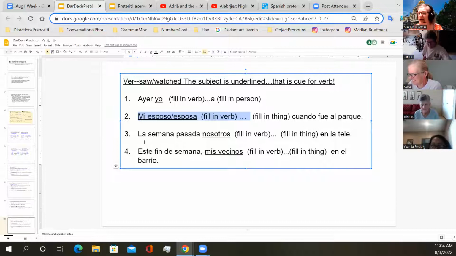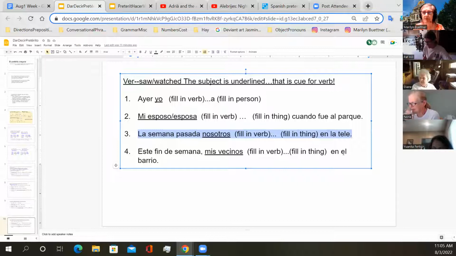Bien. Vale. And I'm going to shorten this up a little bit because we're kind of getting past on time. Last week we saw un ejemplo suyo, an example of yours from you guys. La semana pasada nosotros vimos Heartland en la tele.